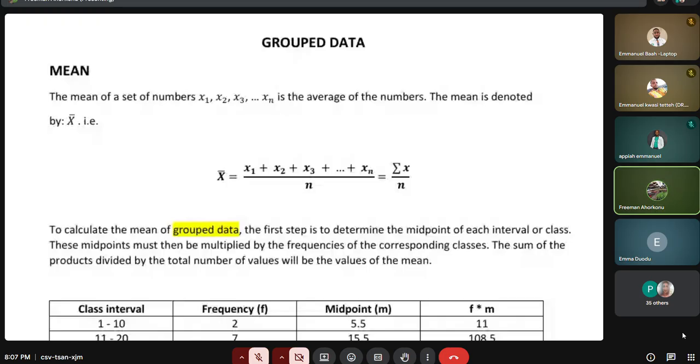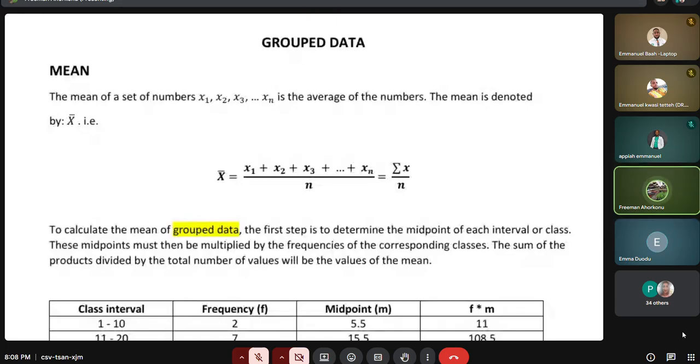Summation xi, where i ranges from 1 to n, then divided by n. Then you have your mean. So what we have been doing is the same thing we have written here.